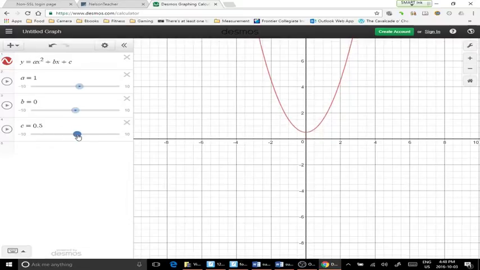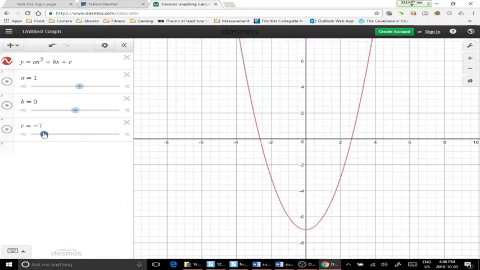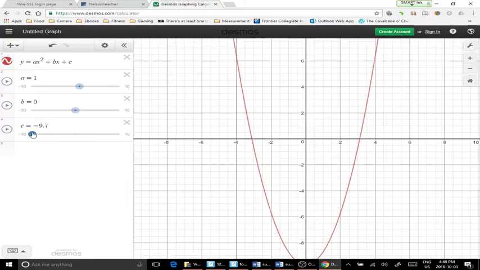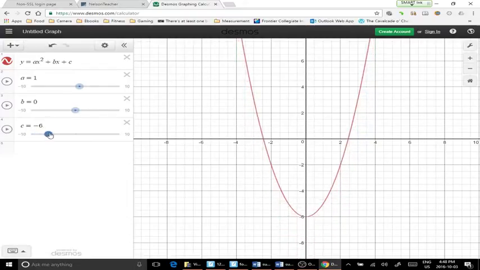As we increase C, the graph moves up. If we decrease C, the graph moves down. And that's always true. If C goes down, the graph goes down. If C goes up, the graph goes up.